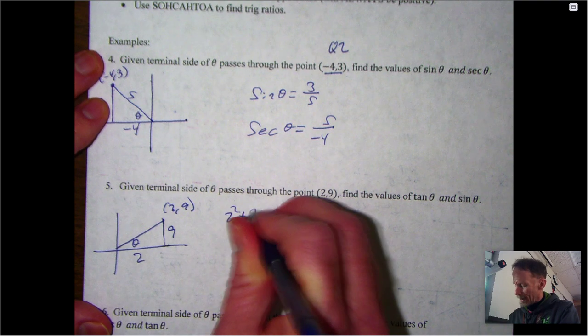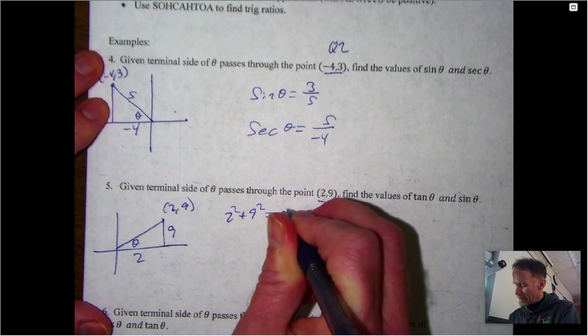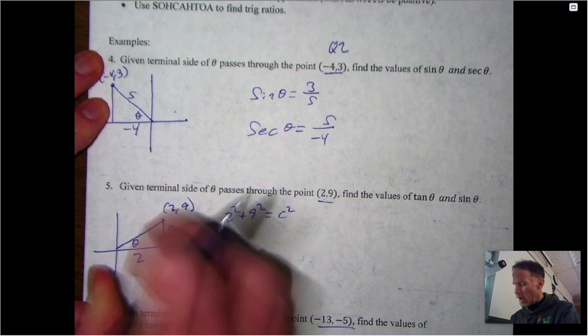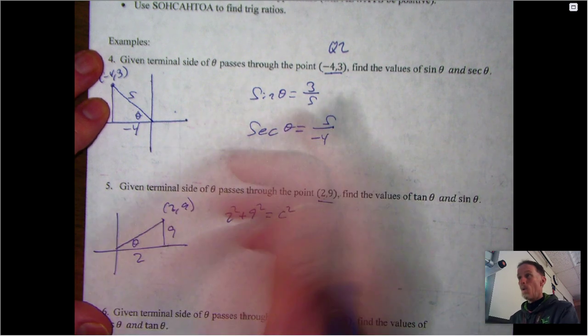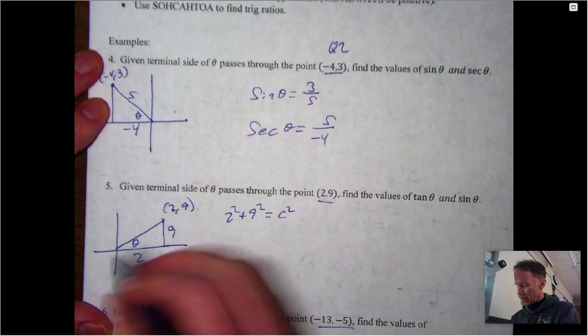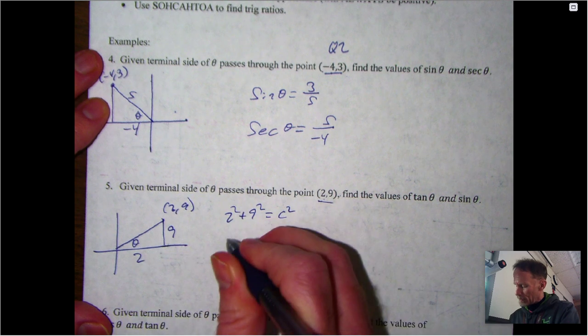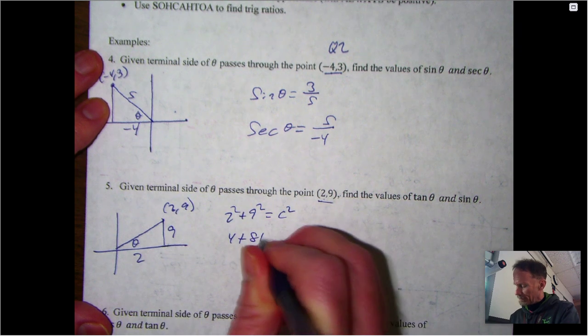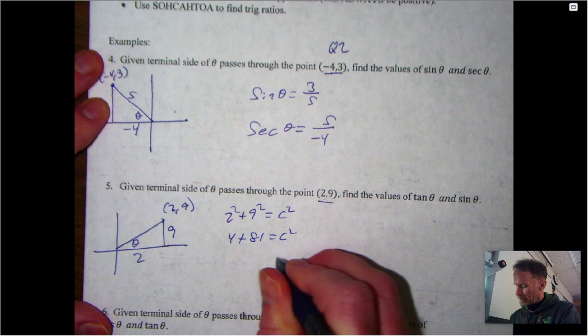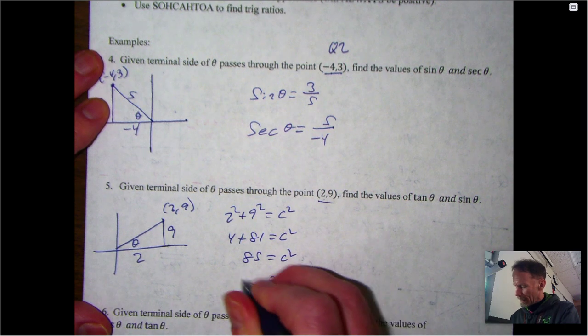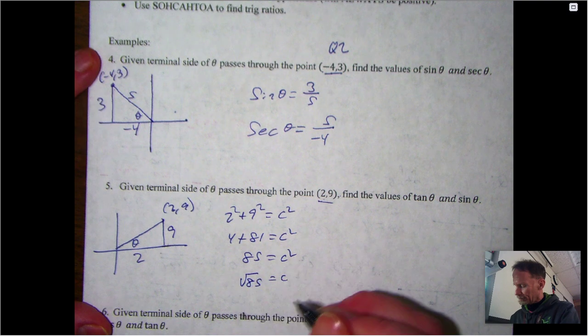So 2 squared plus 9 squared equals c squared. On these, if you're given the point, you'll always be finding c because that's always going to be what's missing. So you get 4 plus 81, so 85 is c squared. So c is equal to √85.